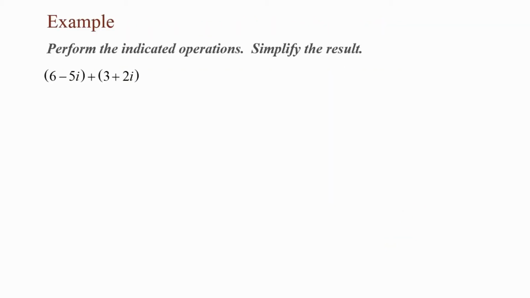In this example, perform the indicated operations, simplify the result. In one parenthesis, I have 6 minus 5i, plus in my other parenthesis, 3 plus 2i. The parentheses are only grouping our two complex numbers together.